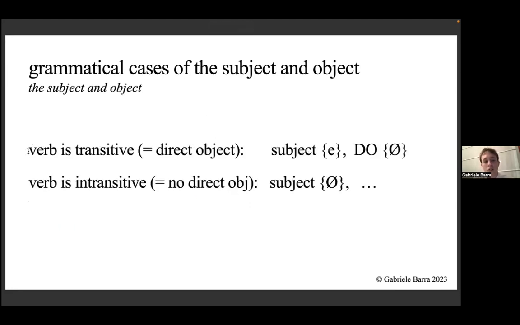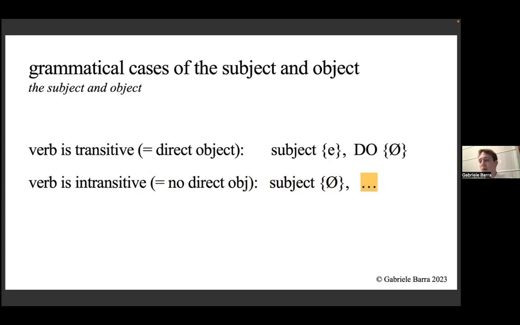Okay, this is a summary of what we have just talked about. So if the verb is transitive, so it has a direct object, the subject is marked by E, which is the ergative case, and the direct object, the DO, is marked by 0, the absolutive. While if the verb is intransitive, so if the sentence does not have a direct object, the subject is not marked by anything, so by the 0, by the absolutive.